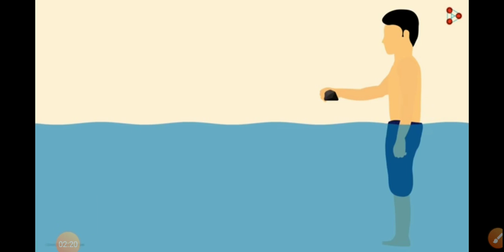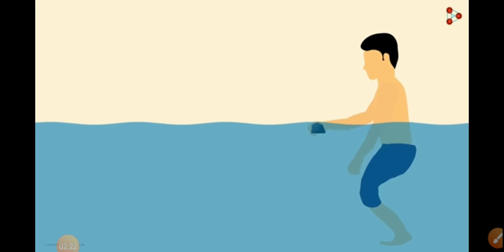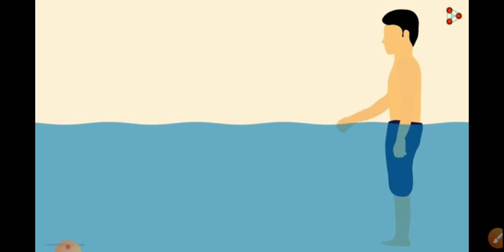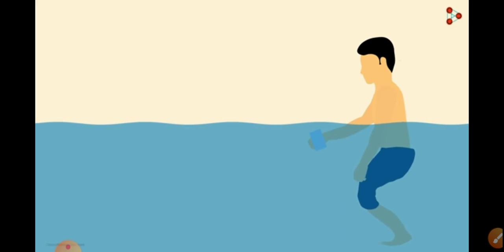Now, when we hold any object above the water, it feels heavy. Suppose this is a heavy object, when we leave it in the water, what will happen? It sinks to the bottom. But take a glass of water, see, this is the glass.